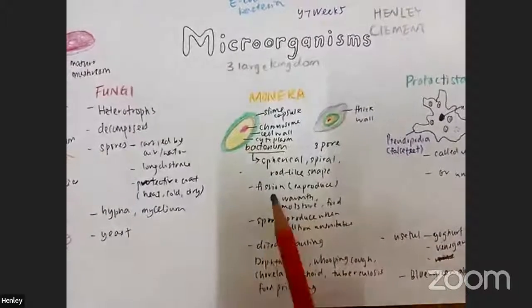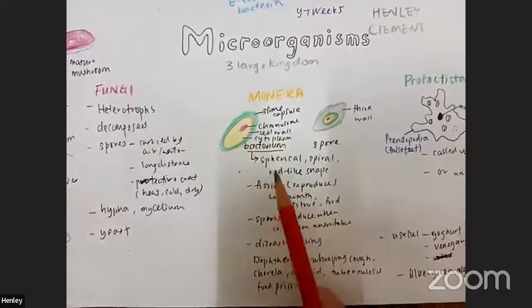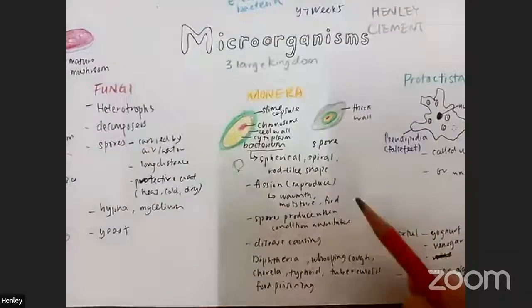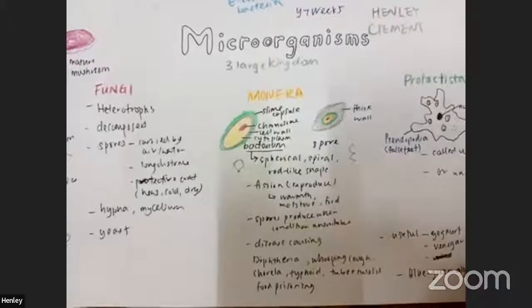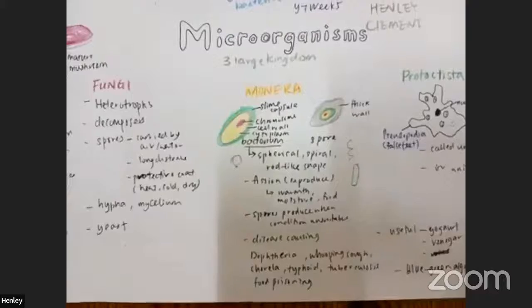So we have many types of bacteria. We have spherical, which is a round shape, and then we have the spiral, which looks like this, and then we also have the rod-like shape. The rod is like this.